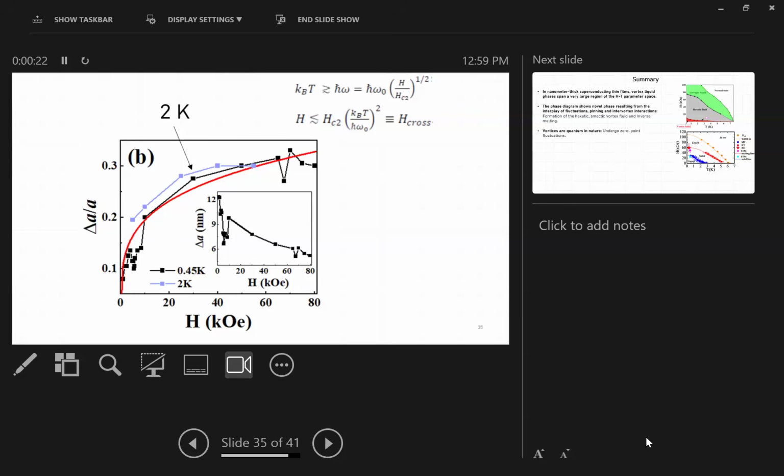The crossover field is about 10 kilohertz if you go to 2 Kelvin. And you can see at high fields, there is not much difference between the quantum and classical fluctuation. But when you go to low fields, particularly below 10 kilohertz, there is a very large difference between the two.